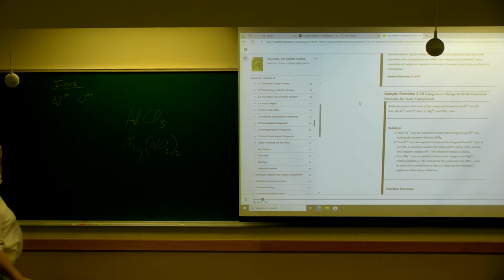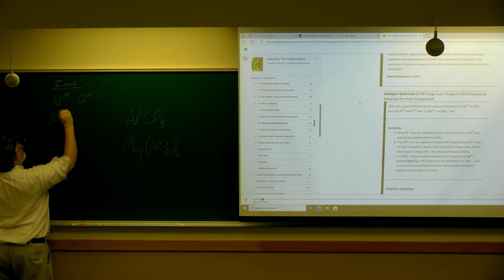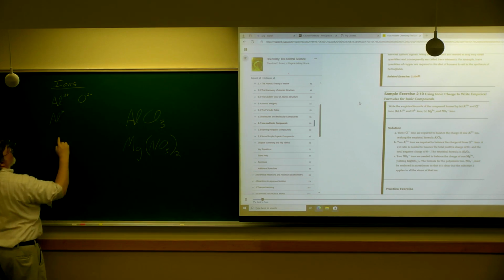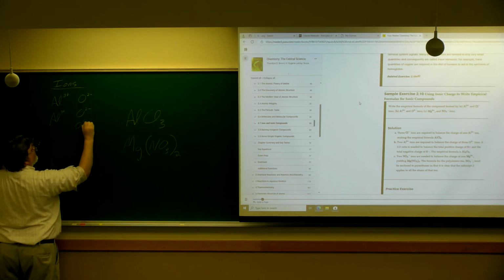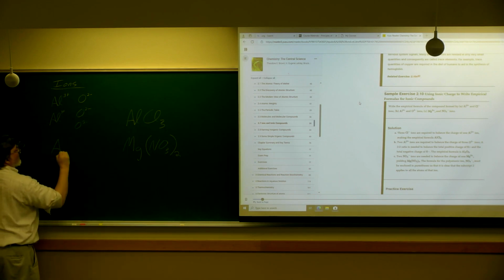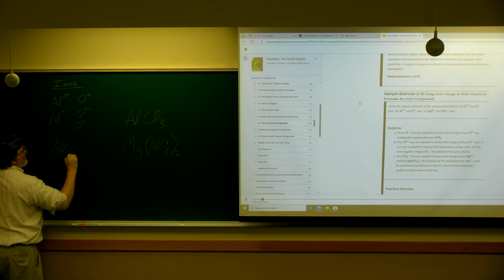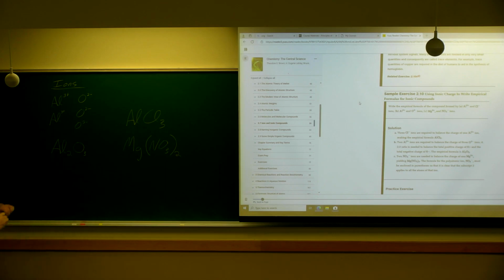What I end up doing is scaling each one up to 6, meaning if I have 2 aluminums, we end up with a +6, and if I have 3 oxygens, I end up at a -6. So when it's 2 and 3 or 3 and 2, you have to do that least common multiple kind of game.